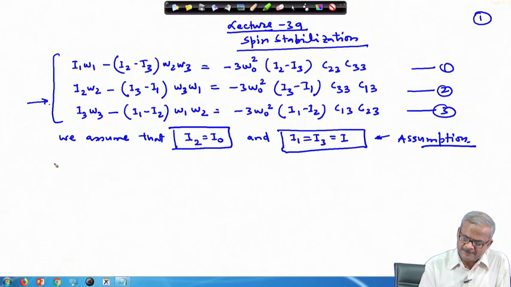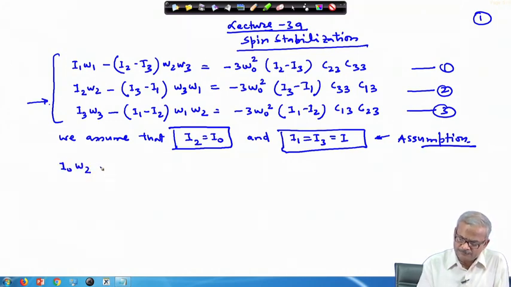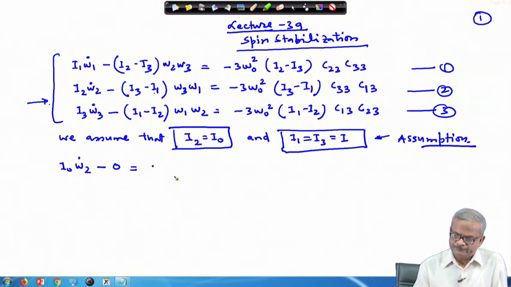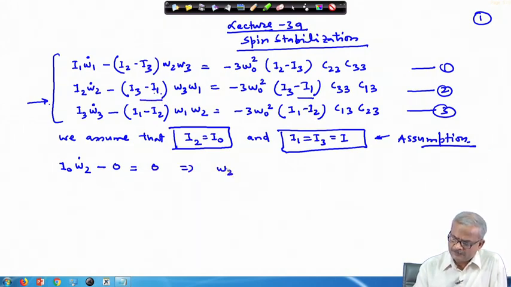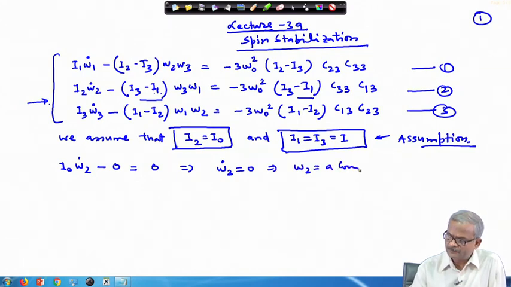What we can observe is that in the second equation, I 0 times omega 2 dot, the part with I 3 minus I 1 becomes 0, and on the right hand side this part also becomes 0. So, this is equal to 0, and this implies omega 2 dot equals 0, and omega 2 is a constant.